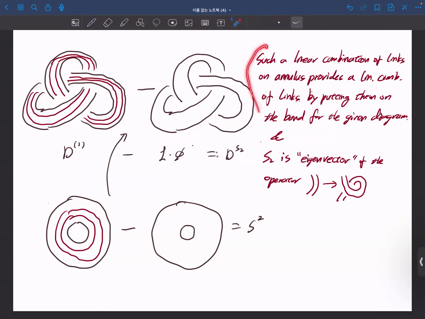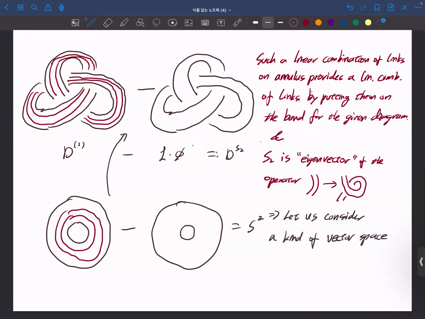So here, if we want to see such kind of thing, to say linear combination and some eigenvector, whatever it is, we need to consider a kind of vector space consisting of rings on the cylinder.